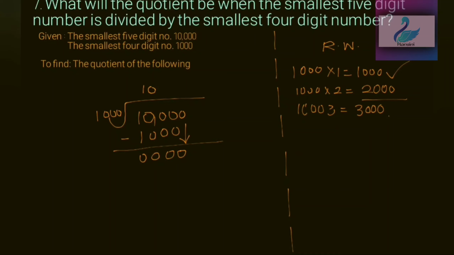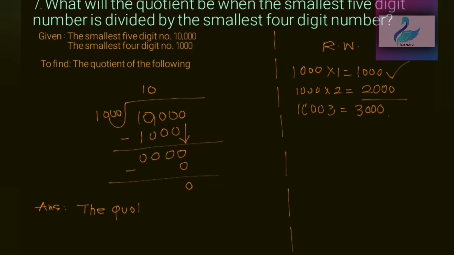So I get the answer as 0. Now I will multiply it by 0. In the quotient's place I will write 0 and subtract the remaining answer by 0. So I get the final answer also as 0. So here I get the quotient as 10 and the remainder as 0.